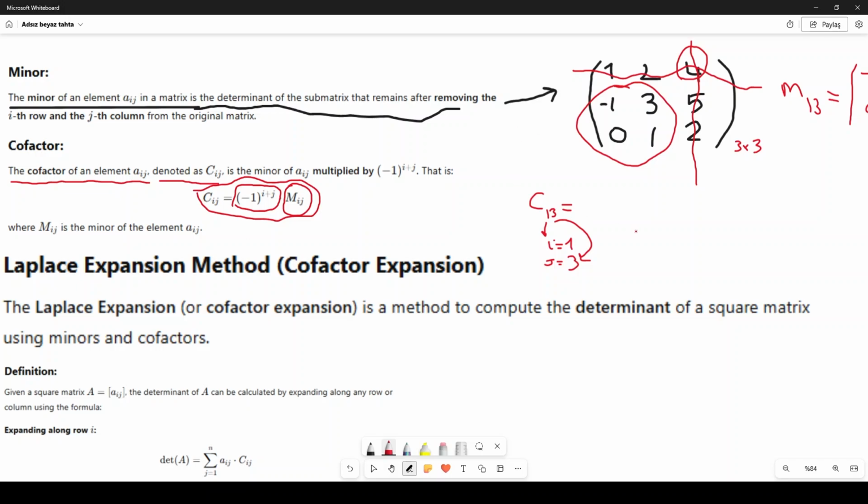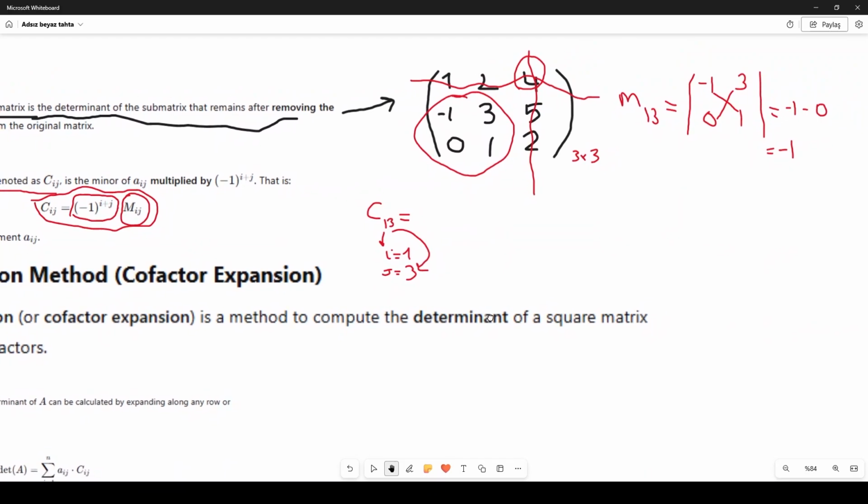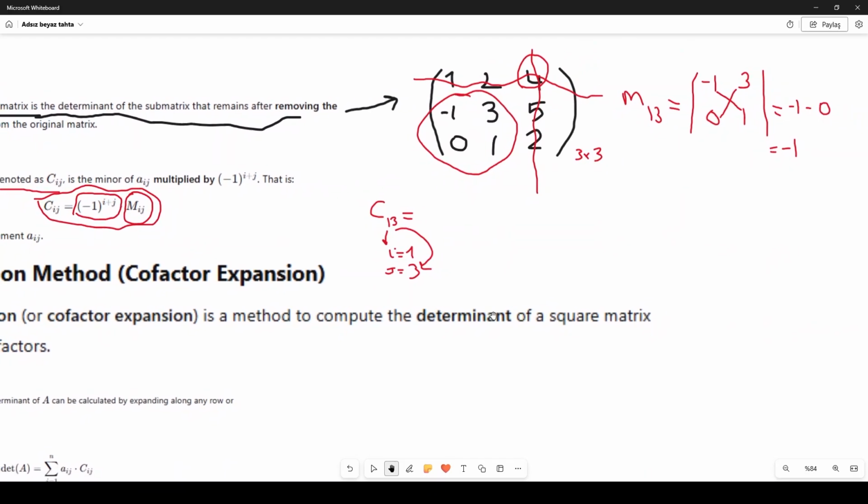Okay, now let's compute the cofactor of 1, 3. Above in the example, I already computed the minor of that entry. What is left is, I just need to multiply it by -1 to the power of i plus j. And i is equal to 1. And j is equal to what? j is equal to 3, right? So, times the determinant. And I found the determinant -1. So, just multiply it by -1. So, what do I have here?